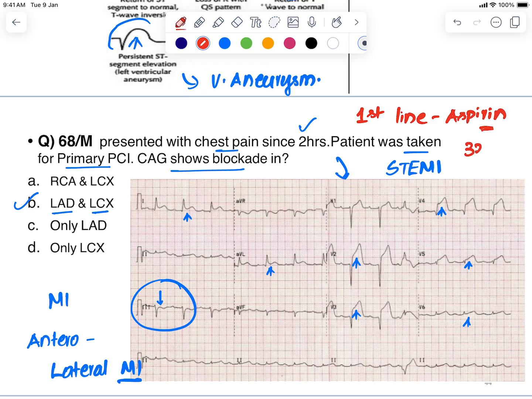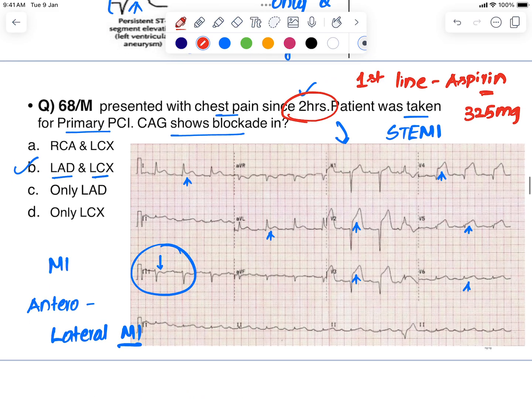Aspirin 325 milligrams bolus should be given, oral, chewable. And what is the best method of revascularization in this patient, because he presented within 2 hours? The best method of revascularization will be PCI, that is percutaneous coronary intervention. Okay, so this is about the ECG changes of ST segment elevation in patients with myocardial infarction.